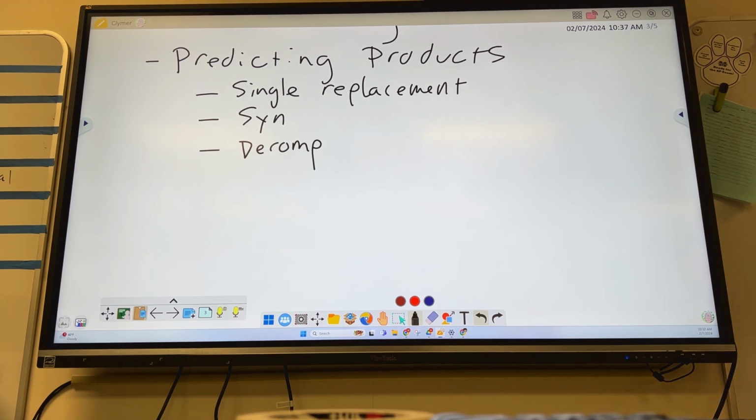Now this sheet is not useful unless you know how to use this. Right? So what part of this sheet, front or back, do we use for single replacement reactions? This bottom part, right? The activity series. How do we use that? If it's above, it replaces. Yes.